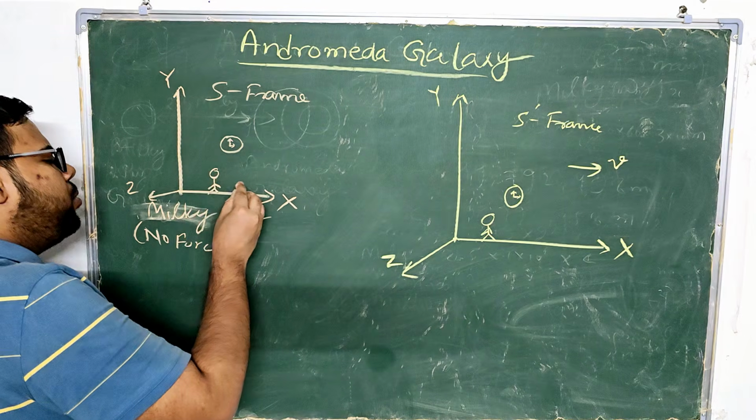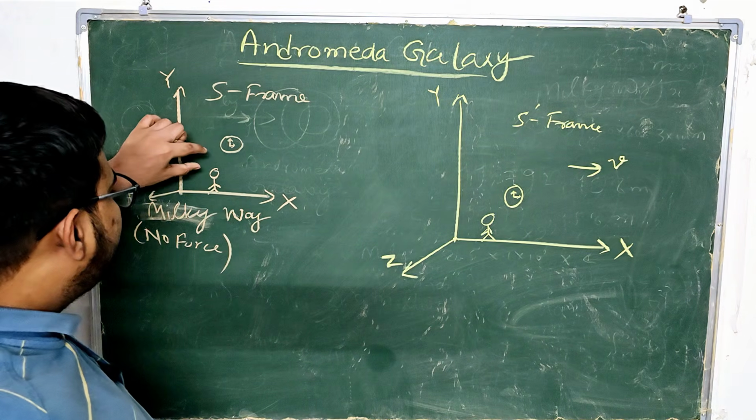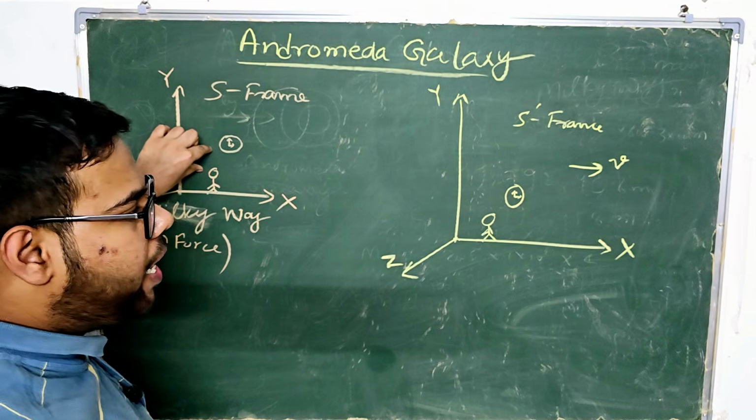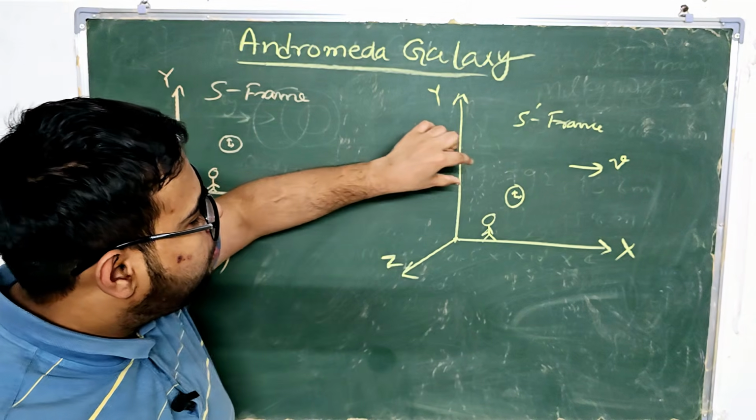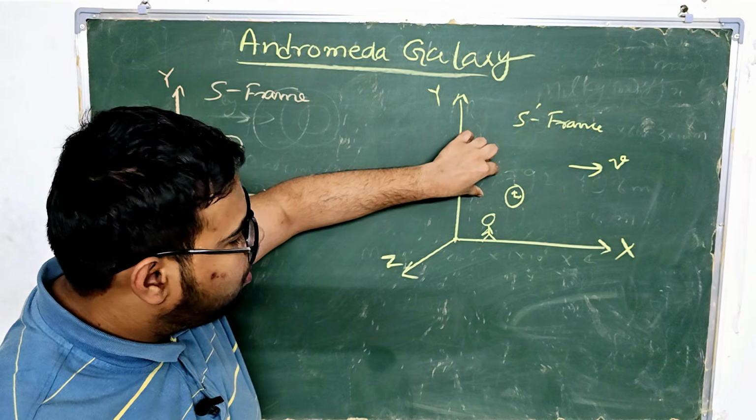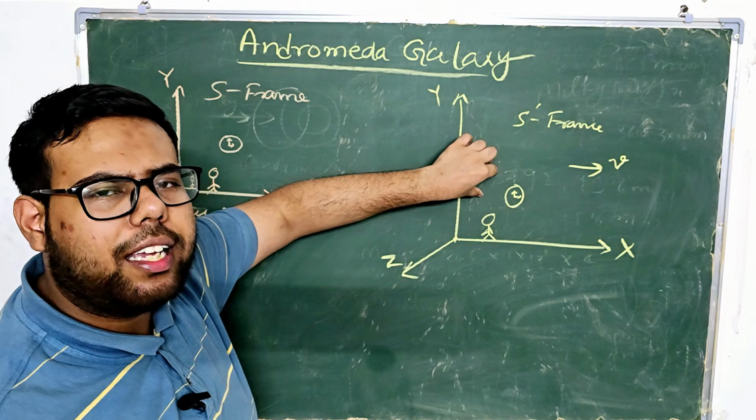Suppose this observer has to observe the time elapsed for the other observer, how will he calculate?